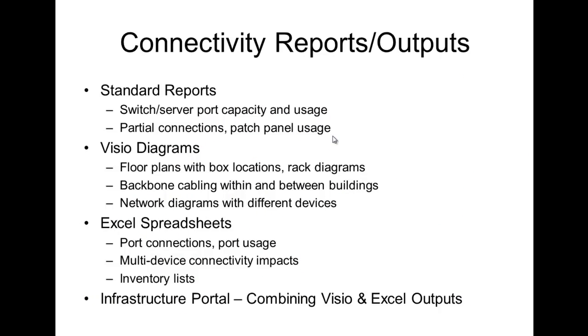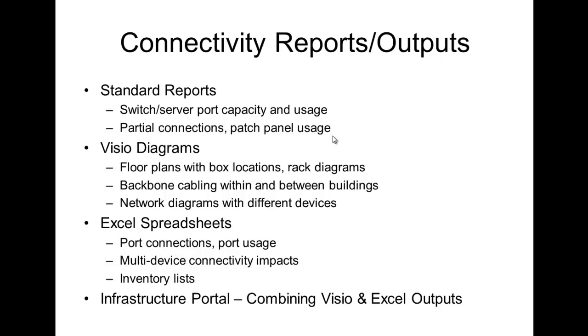AssetGen also has various standard reports to provide outputs in both Excel and Crystal Reports forms of port capacity and usage across any technologies, so you can regularly report on the amount of connectivity that's spare and you can reallocate resources. It will also generate Visio diagrams of both physical, backbone cabling, and network diagrams. You've seen some of the options there.